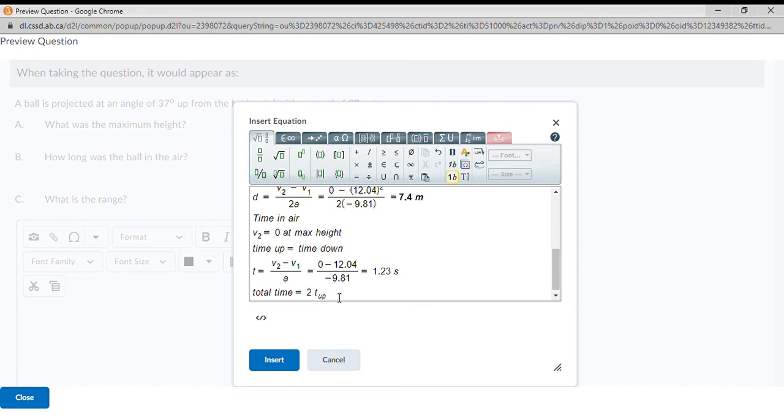And you can even do this: 2 times 1.23 seconds equals 2.45 or 2.46 seconds.